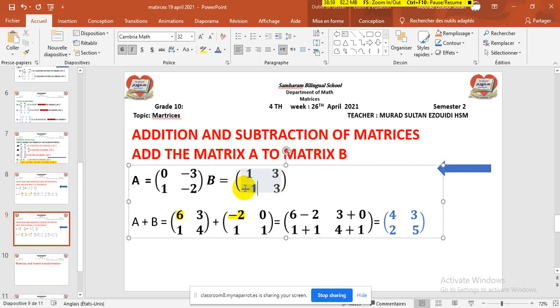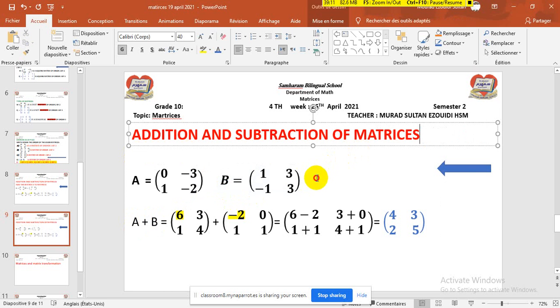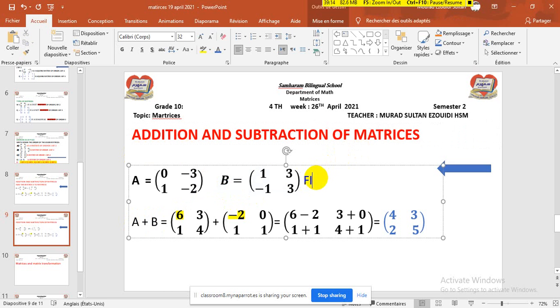The question is: add, find the total, find their total.